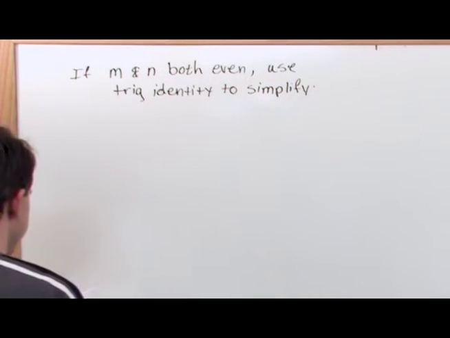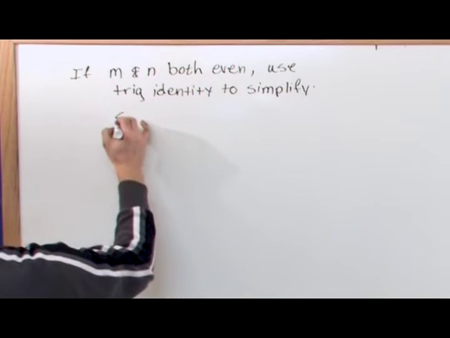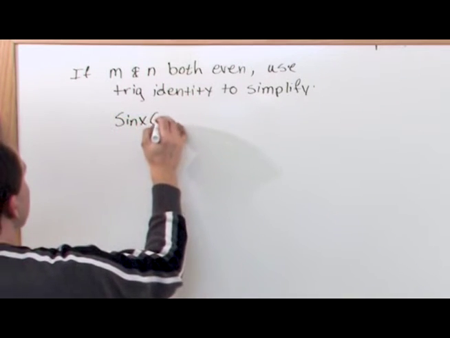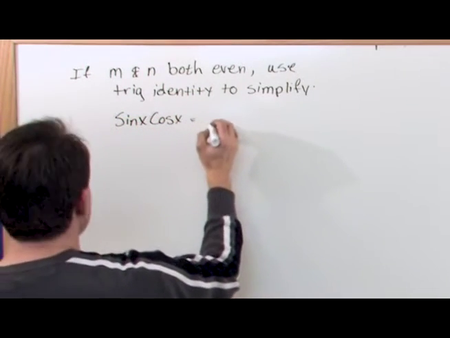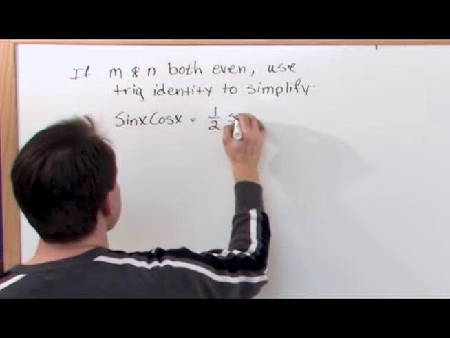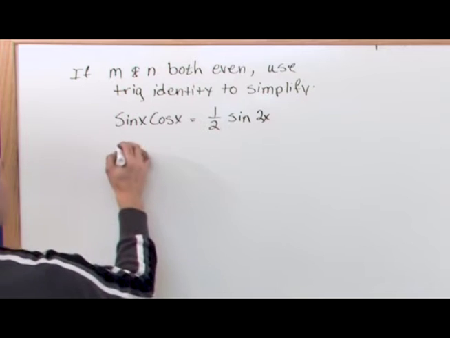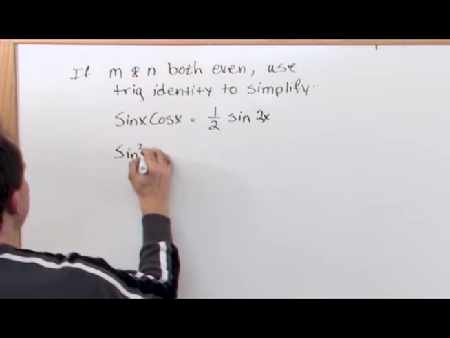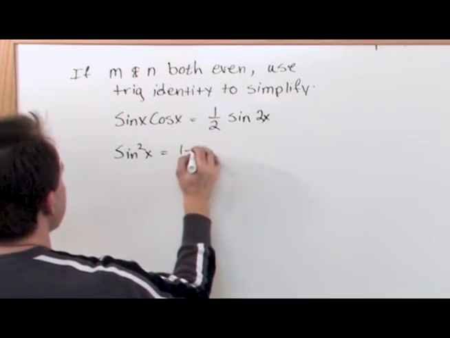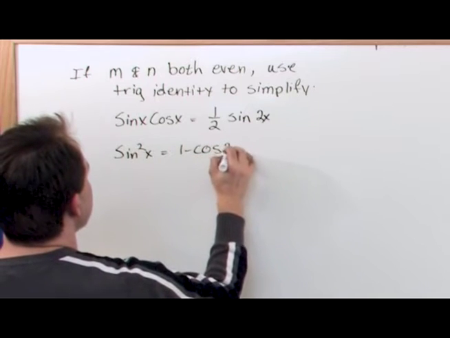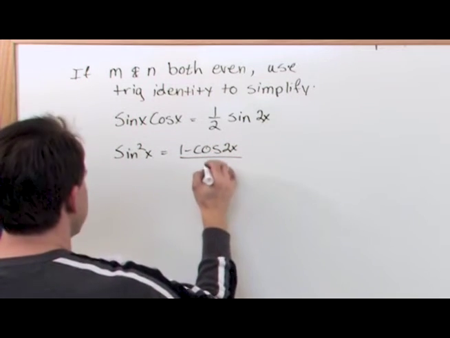And these are some identities that you'll probably need to use. Sine x times cosine of x is equal to 1/2 times the sine of 2x. That's one that you'll probably use. You'll also probably use sine squared of x is equal to 1 minus cosine 2x over 2.